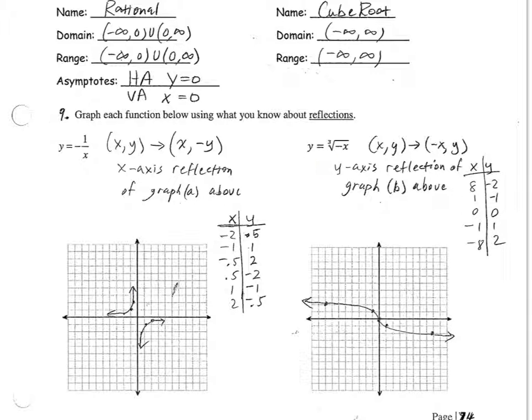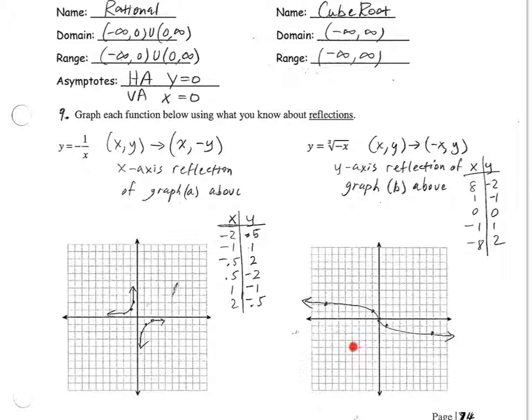When we go to the cube root graph, notice that the x has a negative on the inside, so that's going to make the x's in the transformation rule negative, leaving the y values the same. When we make the table of points, we therefore change the sign of the x's. So now I have +8, +1, 0, -1, -8, and we left the y values alone.